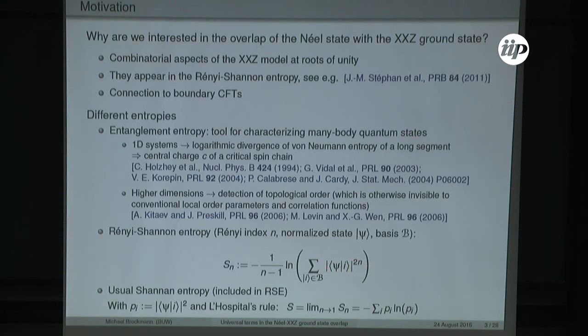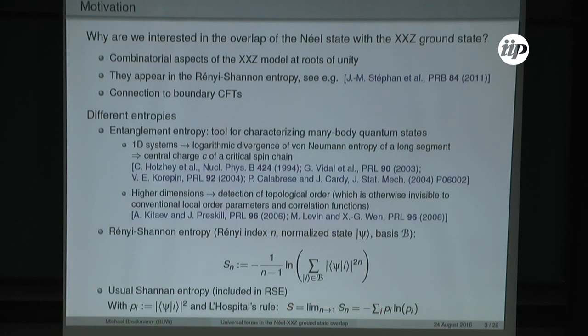There are certain properties. One property is that the usual Shannon entropy, which is written here in the lower right corner, can be obtained by taking the limit n to 1. You just apply L'Hopital's rule and then you easily get this expression.